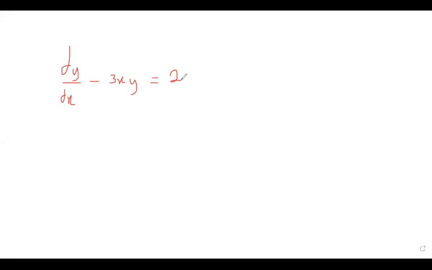Good. So how do we solve this problem? First, this is p, and then this is q. Good. So we first look for our IF, which is the integrating factor.